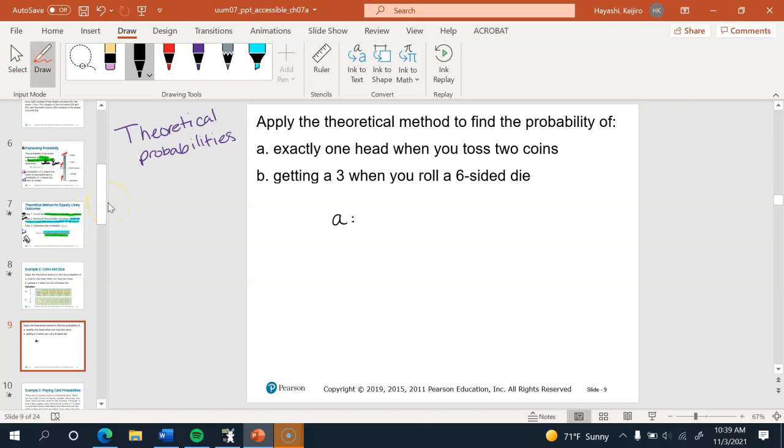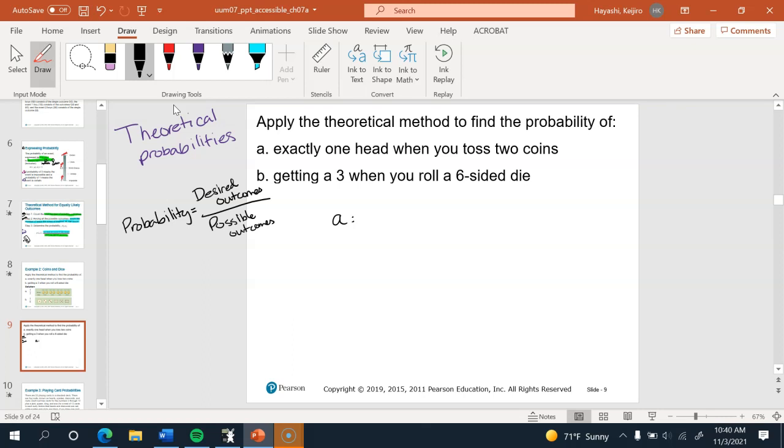Again, a probability is going to be the desired outcomes placed over the possible outcomes. So the probability of getting exactly 1 head when you toss 2 coins, well, first we have to know the number of possible outcomes that there are.